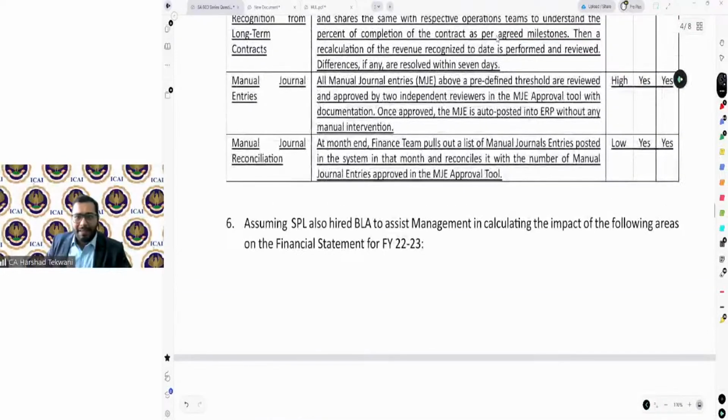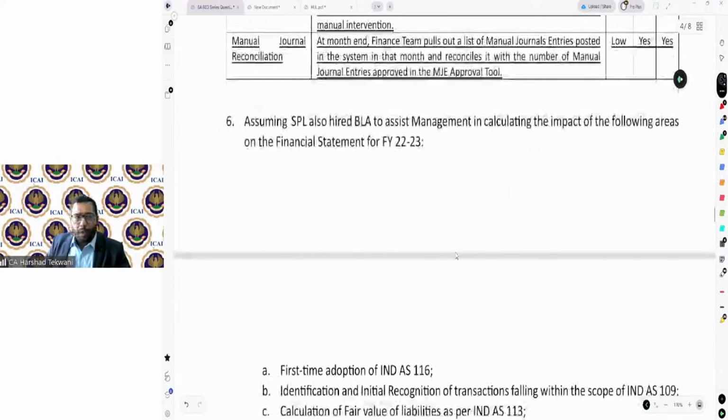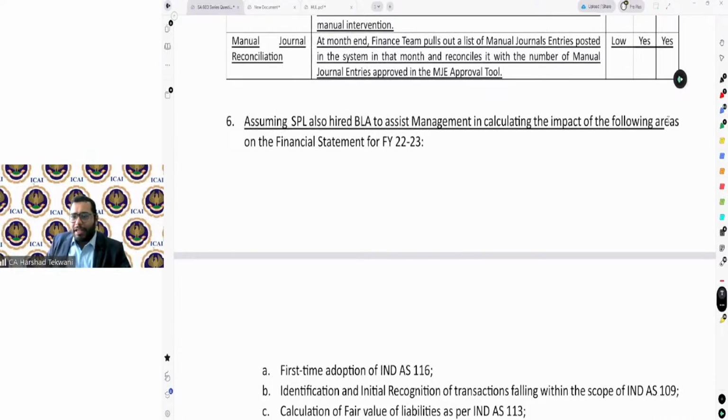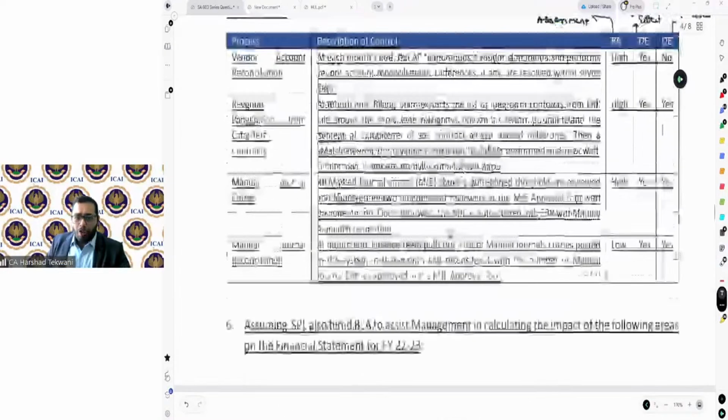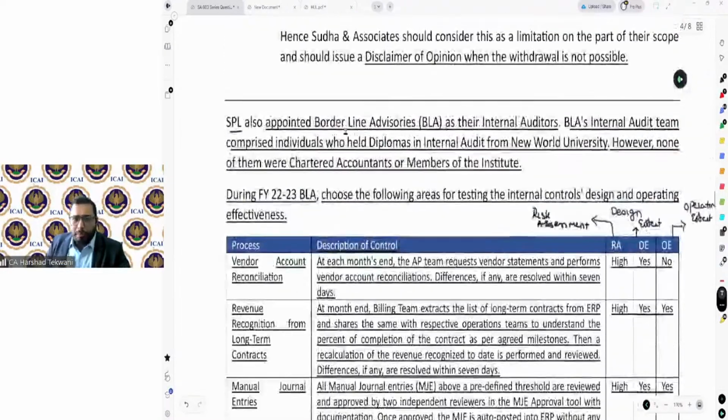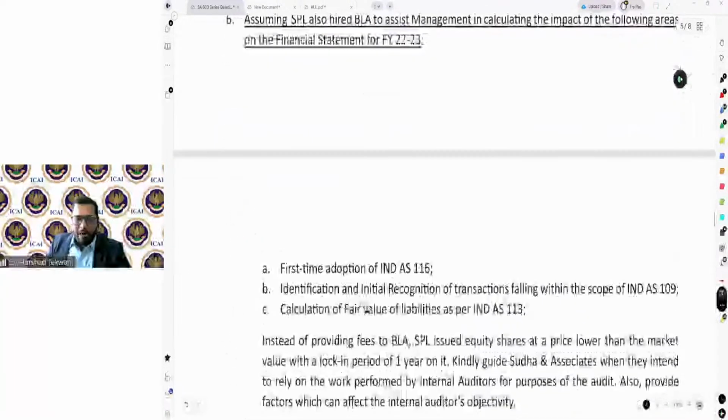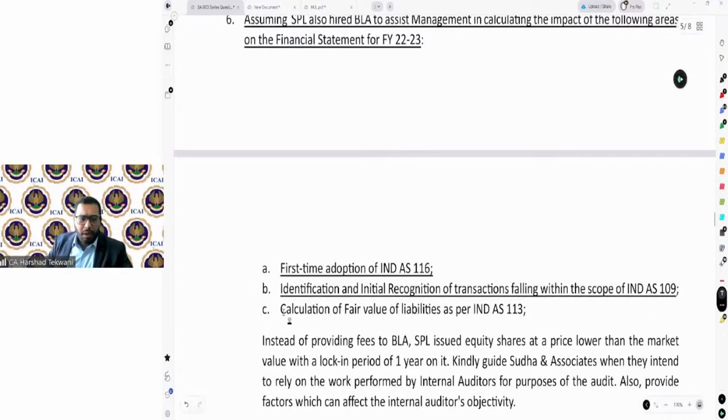Now, let's see the question. Assuming SPL also hired BLA to assist management in calculating the impact of the following areas on the financial statements of 22-23. So they also hired BLA, the same team, to calculate the impact of these areas: first-time adoption of NDS 116, identification and initial recognition of transactions falling within the scope of NDS 109, and calculation of fair value of liabilities as per NDS 113.